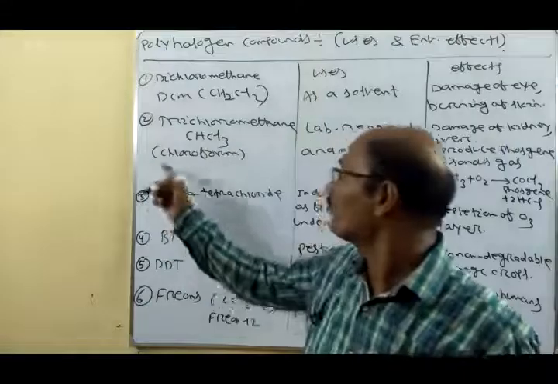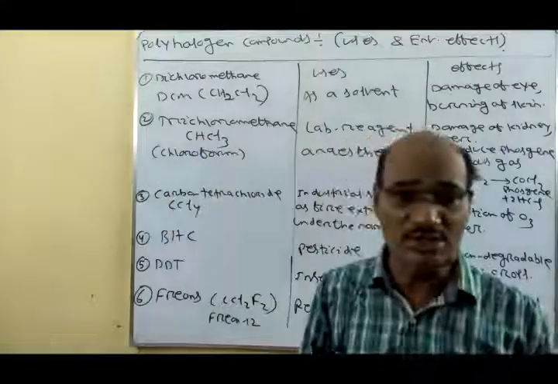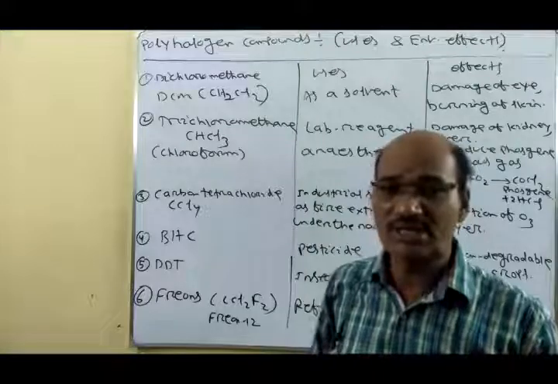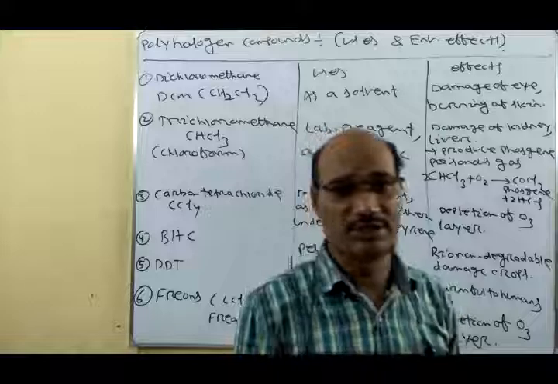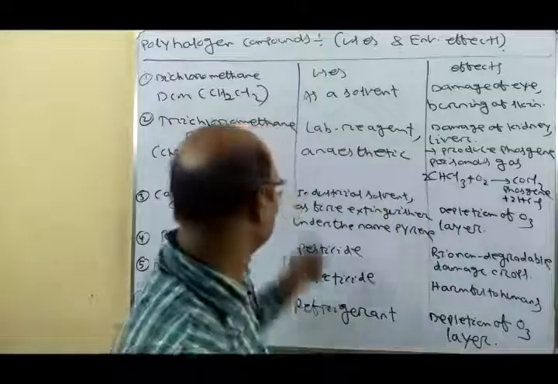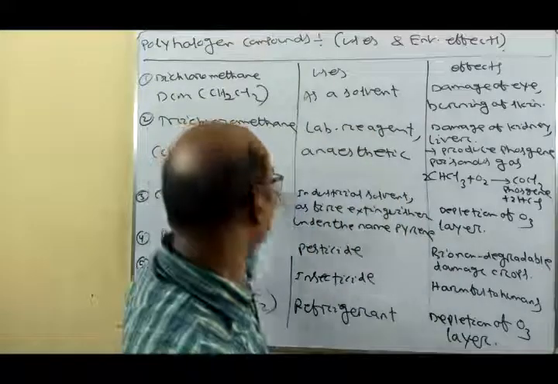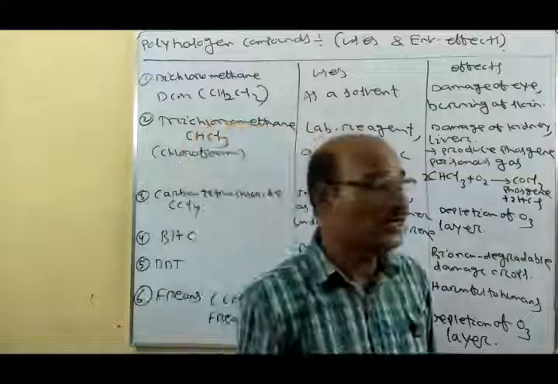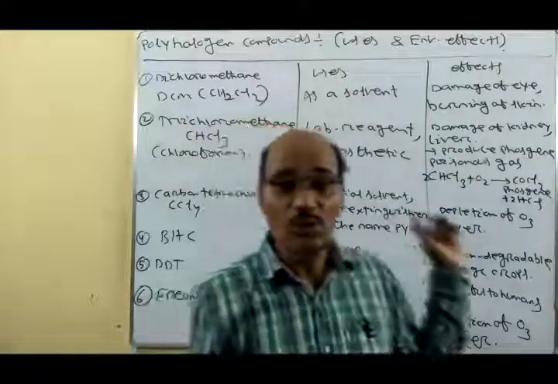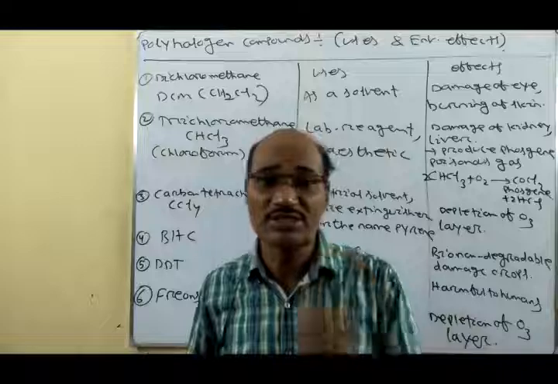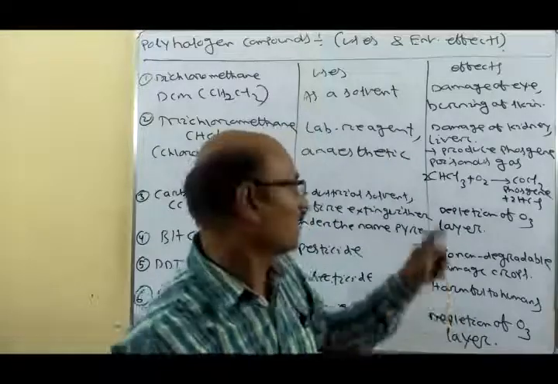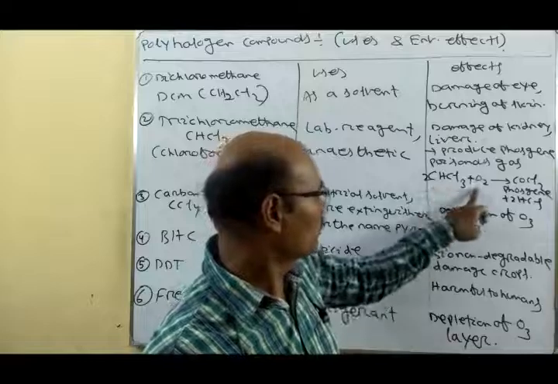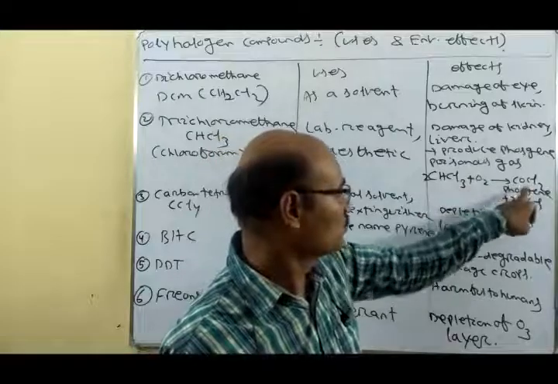If you take trichloromethane CHCl3, also called chloroform, it can be used as a solvent and also as an anesthetic. It can cause damage to kidney and liver. Now this chloroform can produce a poisonous gas called phosgene when it comes in contact with air. Chloroform in contact with air gives phosgene, COCl2.